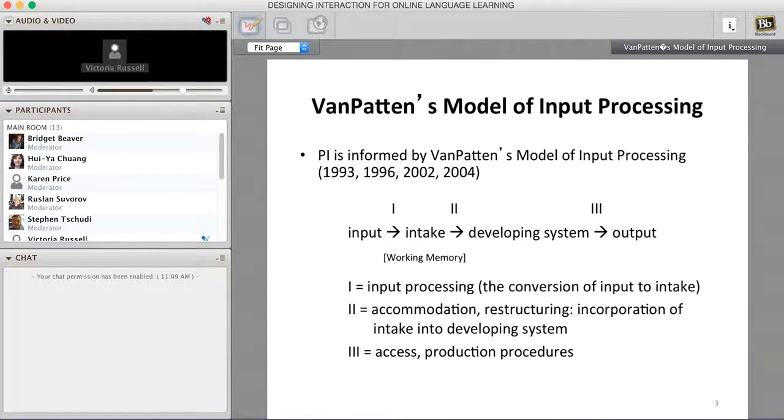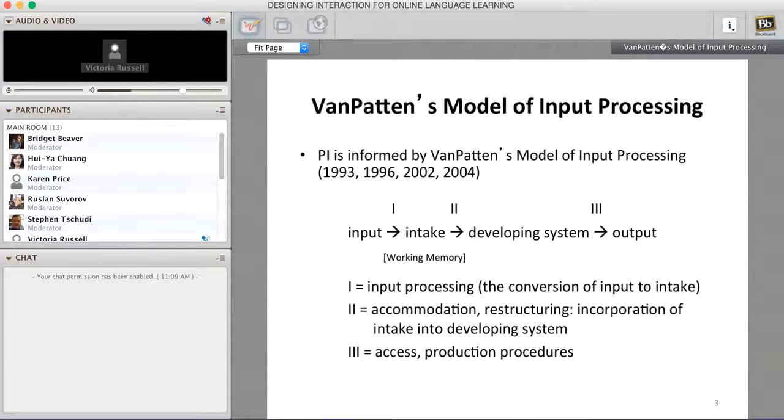According to Van Patten's model of input processing, only input is needed for acquisition to take place. Output is very useful for building fluency and accuracy in the second language, but it's a result of the acquisition that has already taken place. According to Van Patten, output is not a path to acquisition, and only input can affect the developing linguistic system.